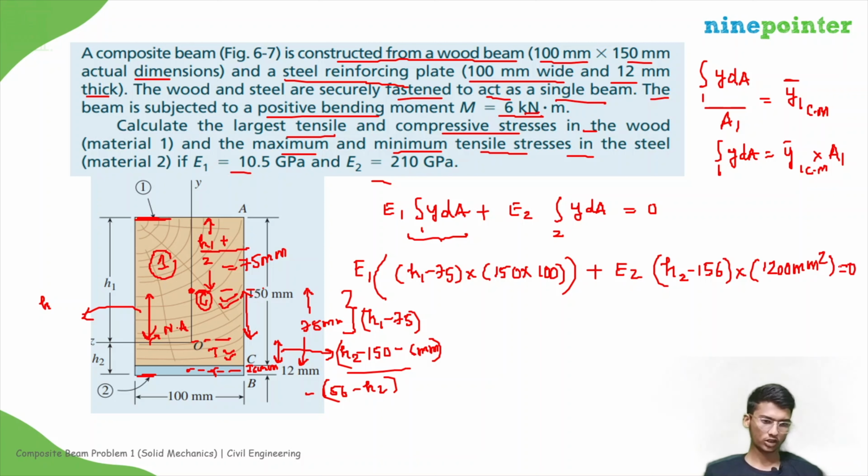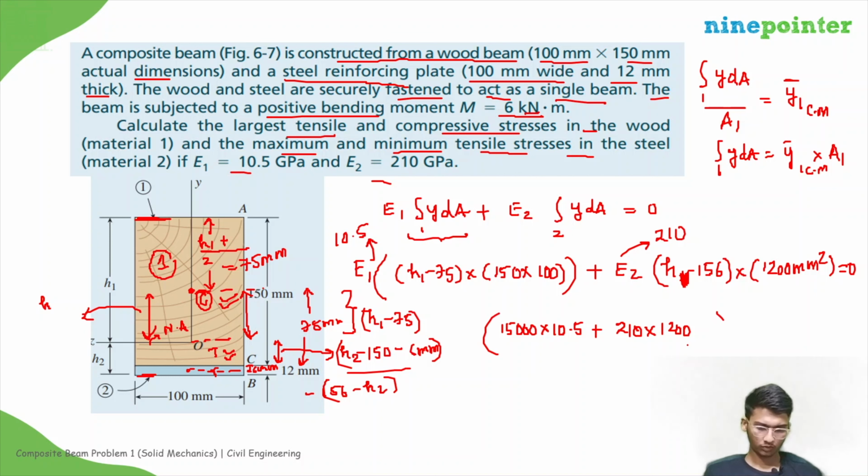So this is equal to 0, and we know the value of E1, that is 10.5, and we know the value of E2, that is 210, right? So we get 15,000 into 10.5 plus 210 into 1200. Sorry, this will be H1.